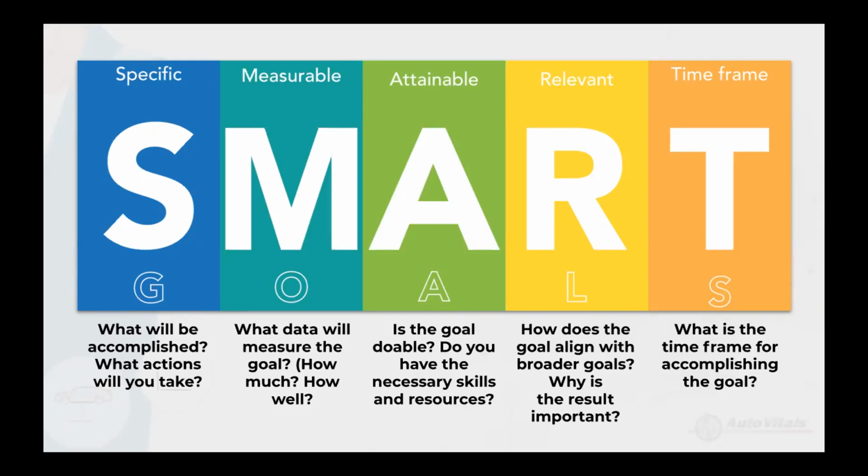They have to be attainable, right? If you set really high goals right out of the gate, people think they're never going to be able to achieve them, and then they're not motivated and you get less progress.